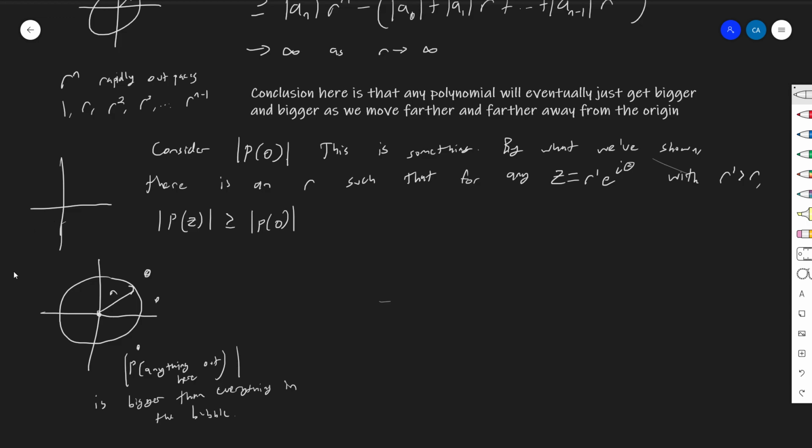But you've seen this phenomenon before. Here's p of 0, maybe it's right here. The polynomial is going to do all sorts of things. It's going to go up and down. But then eventually, it's just going to go either straight down or straight up, and it's never going to quit.